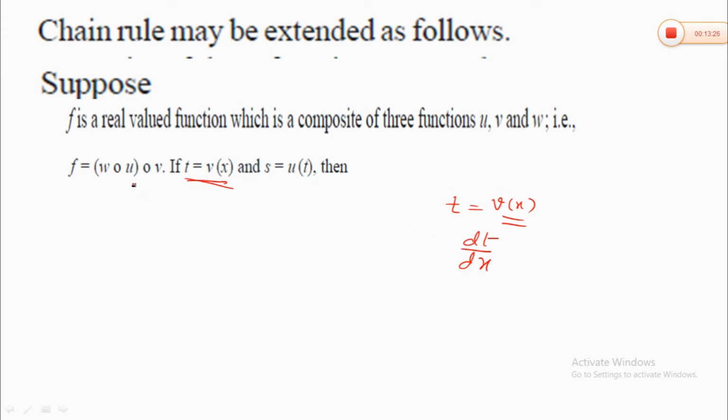Then u is a function of t, so s equal to u of t, and therefore its derivative is ds by dt. And w is a function of s here, so its derivative is dw by ds.